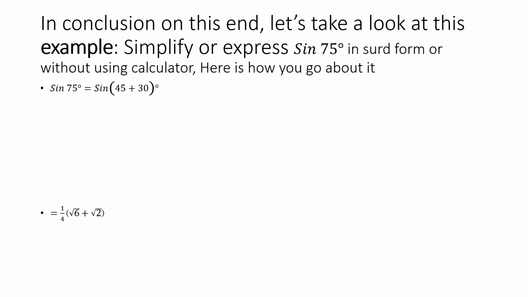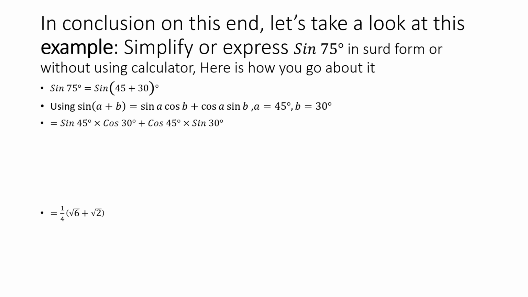So I can use the formula sine (A plus B) equals sine A cos B plus cos A sine B. That means my A will be 45 and my B will be 30. So putting this in the equation, that will be sine 45 times cos 30 plus cos 45 times sine 30.